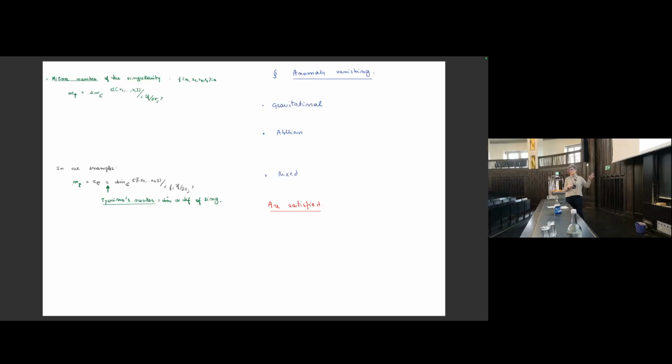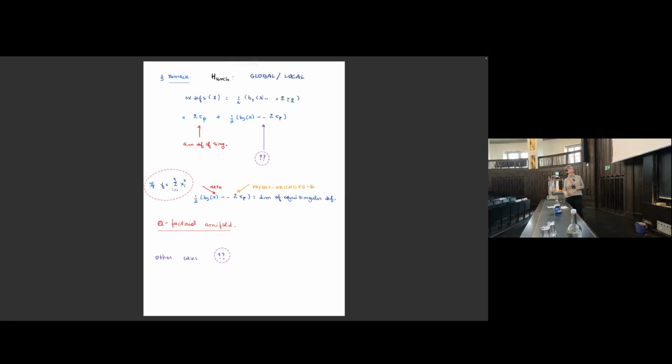So that was how to compute it, and what was happening in the previous formula. Again, here we check that all these anomalies are satisfied. Last, yesterday someone said something in a talk like, think globally, act locally.